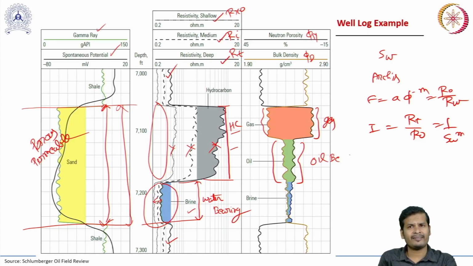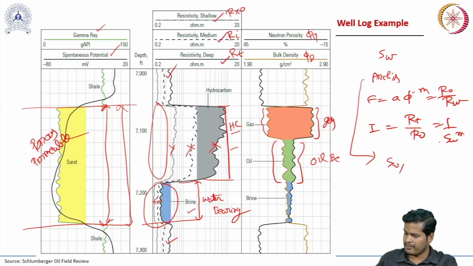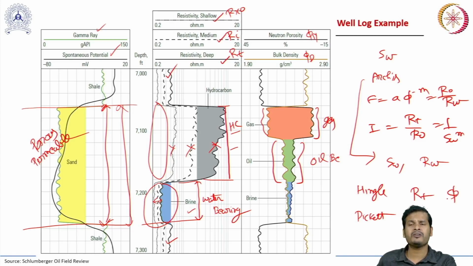Also, we'll discuss later on different types of cross plots where the Archie equation can be solved graphically throughout a particular zone to give you not only the formation water saturation but also other properties such as formation water resistivity. For example, these two cross plots we will discuss when we discuss well log interpretation in detail: the Hingle cross plot and the Pickett cross plot, where generally resistivity data is plotted with porosity on a logarithmic scale on an XY graph paper.